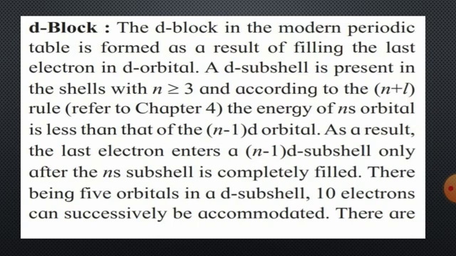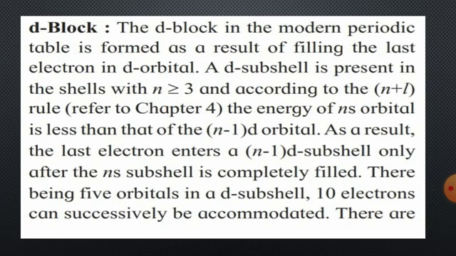the energy of the ns orbital is less than that of the (n minus 1) d orbital. Suppose ns is 5s, then (n minus 1) d will be 5 minus 1, that is 4d. I'm just giving an example: the energy of the 5s orbital will be less than that of the 4d orbital.